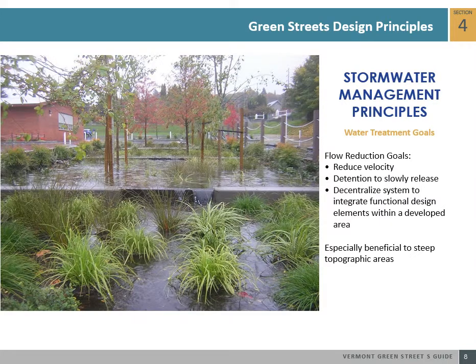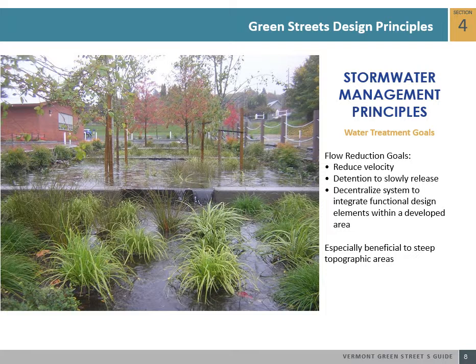Flow reduction goals recognize the negative impact that stormwater runoff velocity can have on water bodies, regardless of the quality of the runoff water. Common strategies to achieve this goal include facilities that detain stormwater for slow release over several hours following a rain event. Stormwater detention ponds are a commonly used practice to meet this goal, but they require large areas of land.